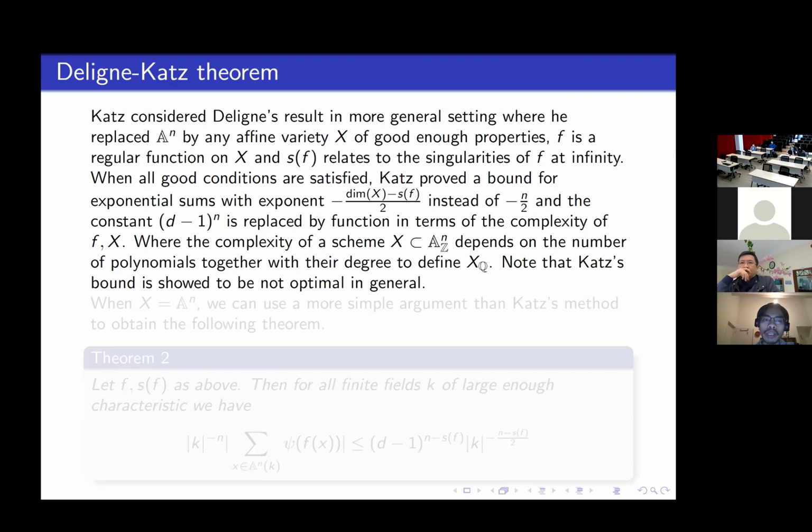In fact, when all good conditions are satisfied, one can prove a bound for exponential sums with exponent minus (dimension X minus nf) over 2 instead of minus n over 2, and the constant (d minus 1) to the n is replaced by a function in terms of the complexity of f and X.